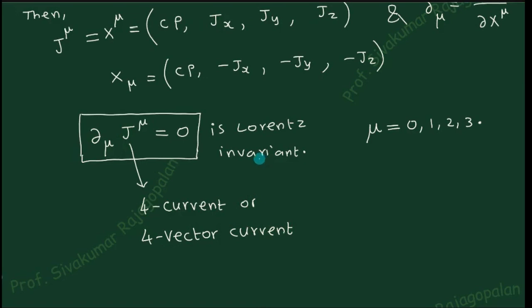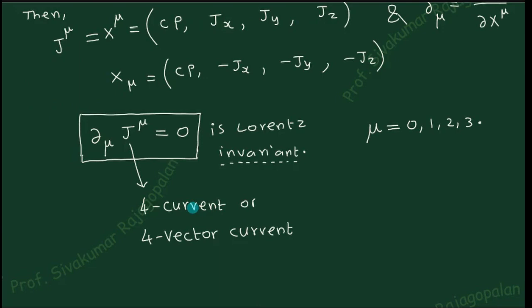It also tells you there is something important here. So what is the invariant? Because of the Lorentz invariance, what is interesting is that this particular equation, namely the continuity equation, is talking about the conservation of charges.